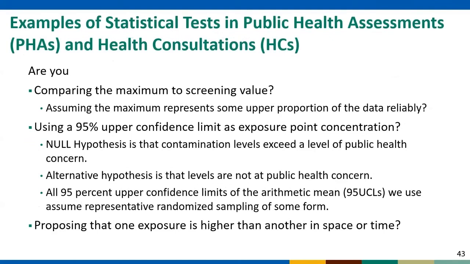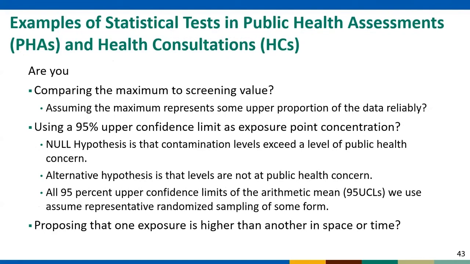The goal of examining the DQA, DQOs, and performing an EDA is to identify the data that you will use to screen your contaminants. Typically, you will use the maximum concentration in the media to conduct your initial screen to identify contaminants of concern. The DQO and EDA process will help you identify the data you will eventually use to calculate your EPC, which is used to estimate human exposures.